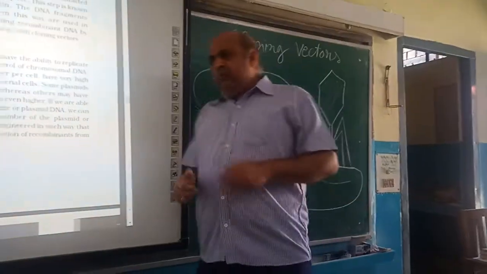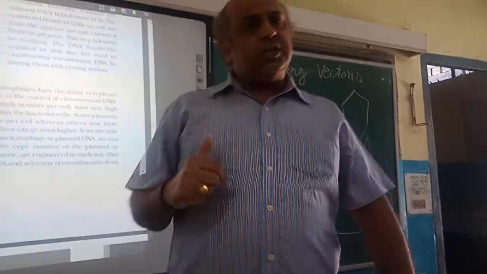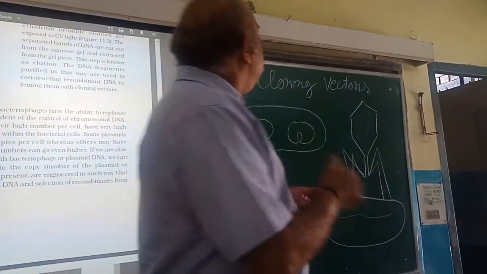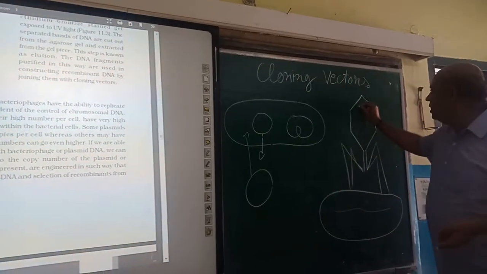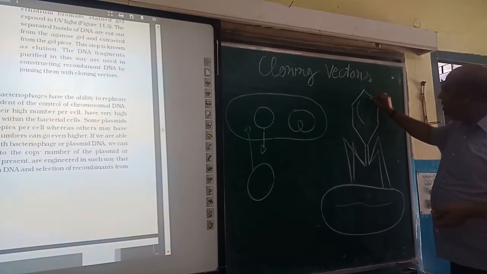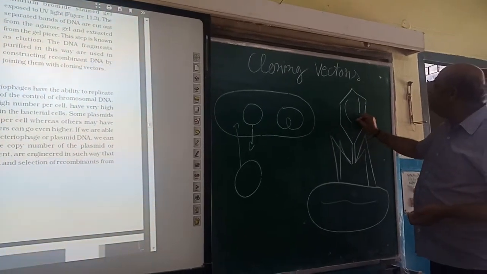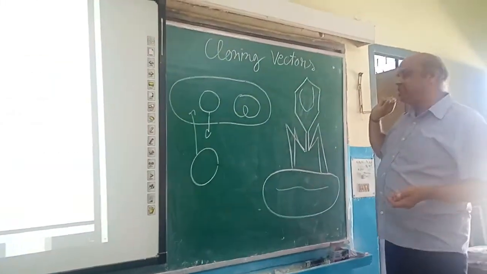And when we use bacteriophages as a cloning vector, what do we do? We make a recombinant DNA and place that recombinant DNA in the genetic material of the bacteriophage.